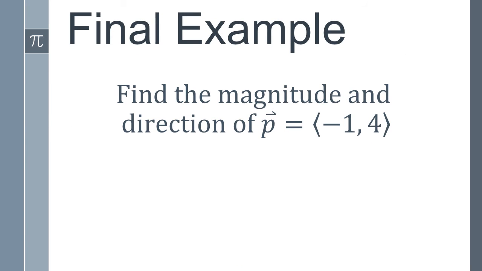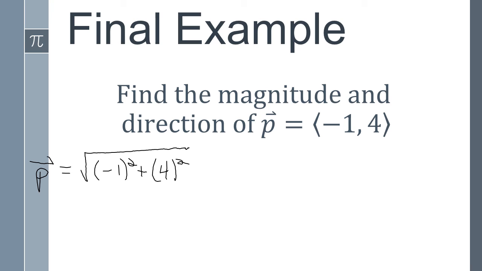Now we want to find the magnitude and direction of vector P. This time we're going to use the distance formula. Vector P is equal to the square root of -1 squared plus 4 squared.